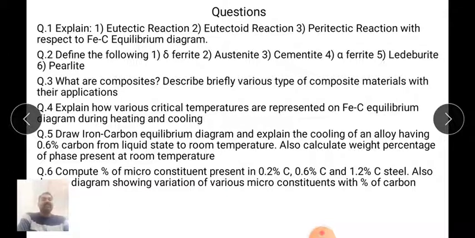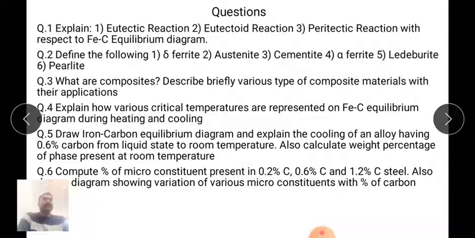Suppose delta ferrite is asked. In that case you will have to say that delta ferrite is an interstitial solid solution of carbon in delta iron. The occurrence of delta ferrite is at 1492 degrees Celsius, is it?